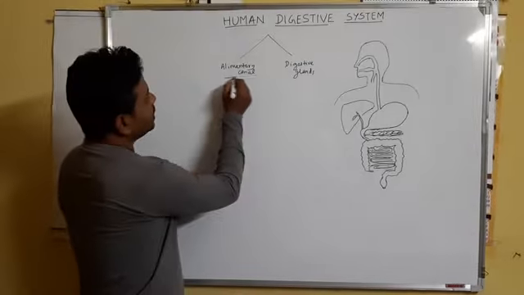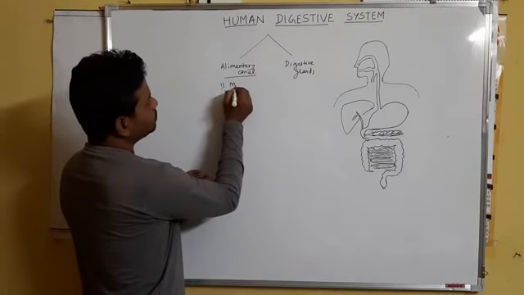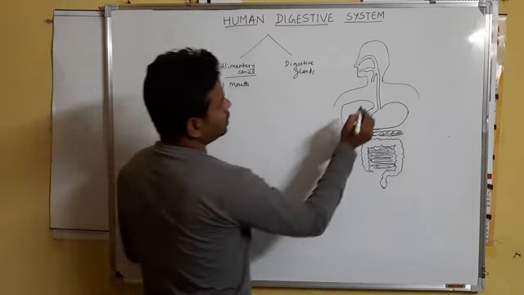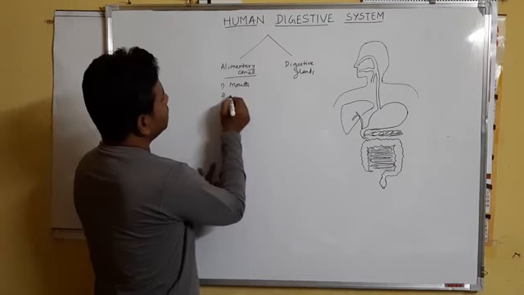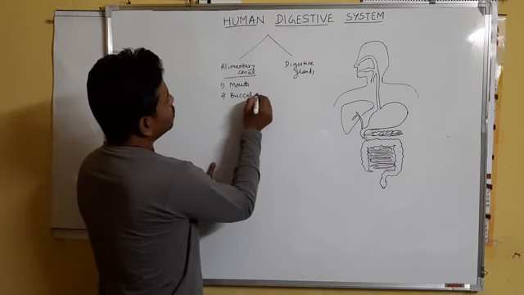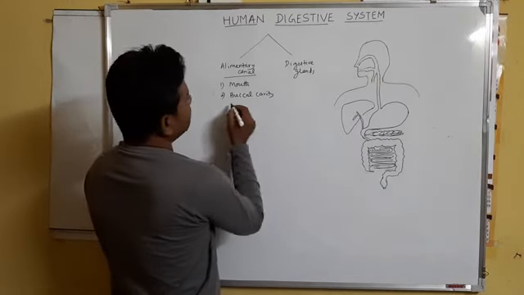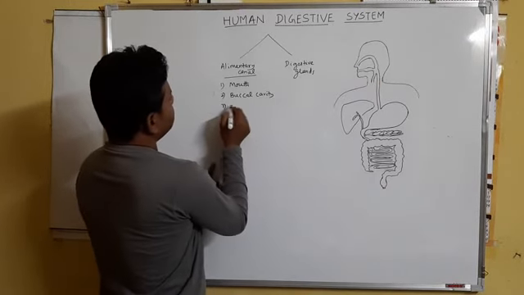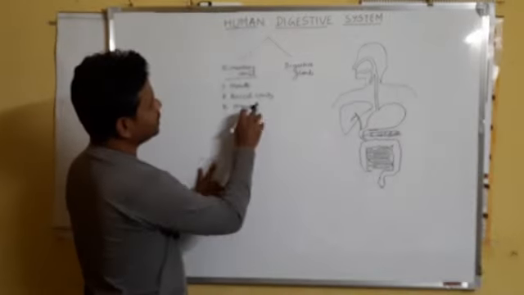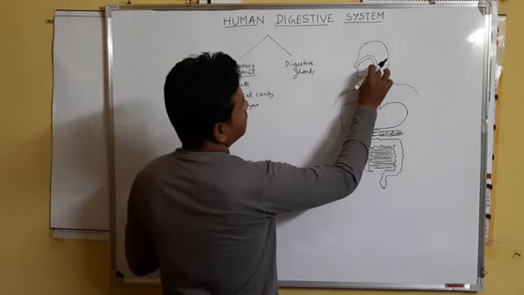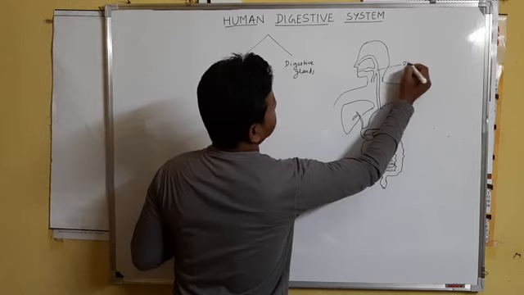So if you divide the different parts of alimentary canal, it starts with mouth. You know that this is mouth. Then second, that is called buccal cavity or oral cavity. Then it is pharynx. This part is called pharynx.